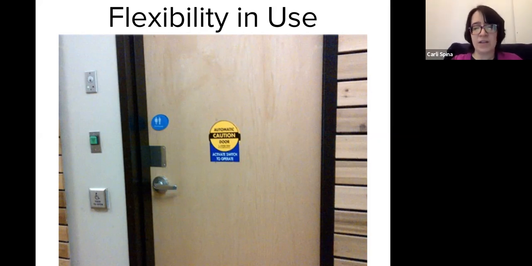So this is an example of a door that has an accessible doorknob, but also, acknowledging that not everyone may even be able to use that type of doorknob, has an automatic door button. But another example that I think is really relevant for libraries is furniture.